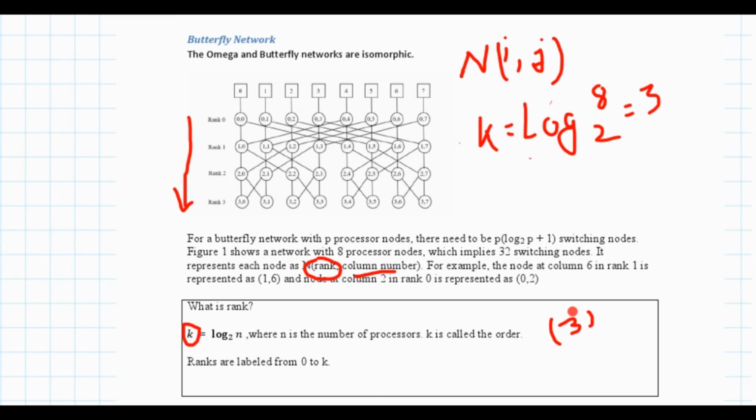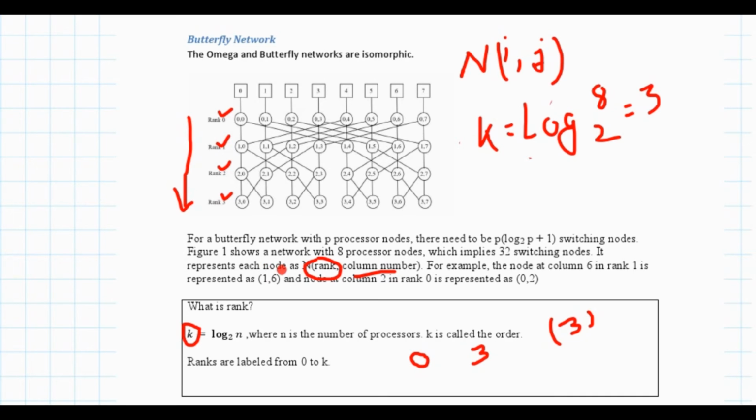Your order is 3, so ranks will be labeled from 0 to 3. You can see that ranks have been labeled from 0 to 3. So this was the idea behind the rank.